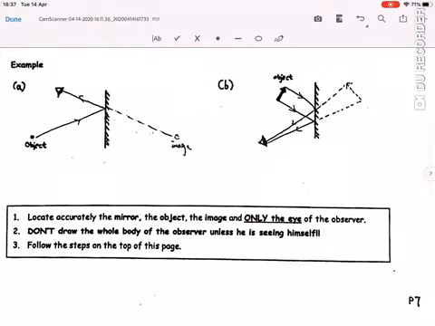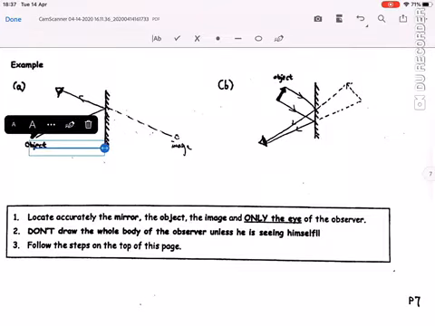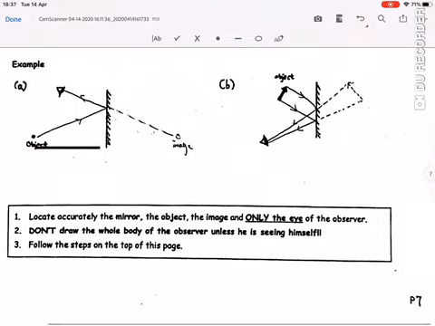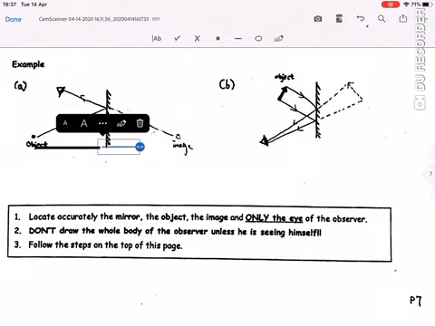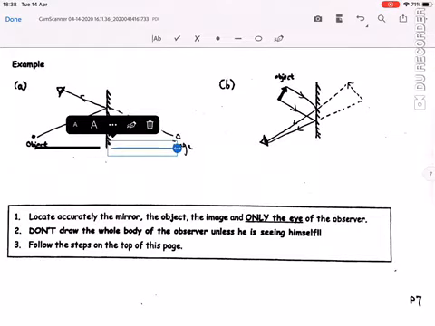In A, we draw the object in first. You see the object at A, and then you draw the image at the same distance. Let me emphasize that you need to have the same distance from here to here, and this distance is converted into the same distance from the mirror all the way to that image.